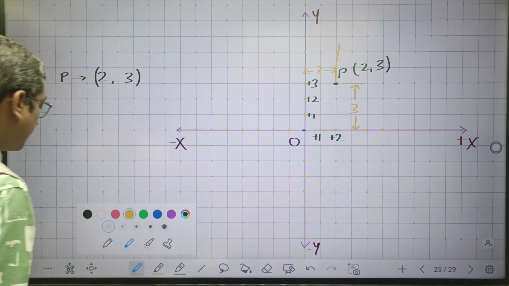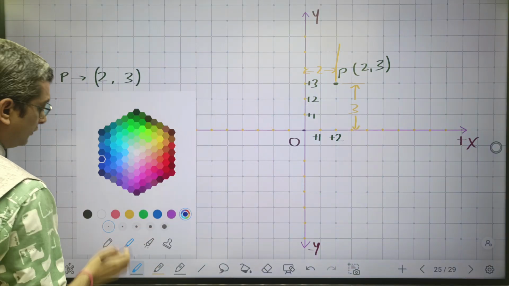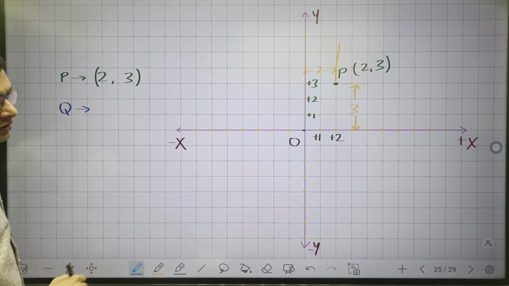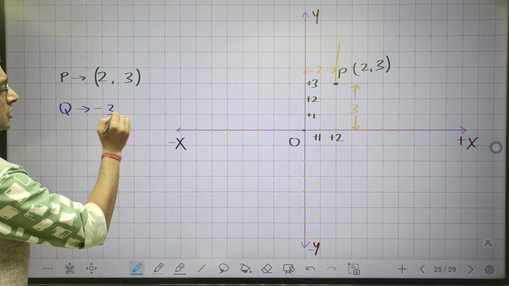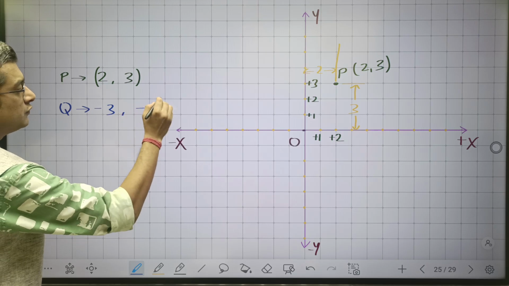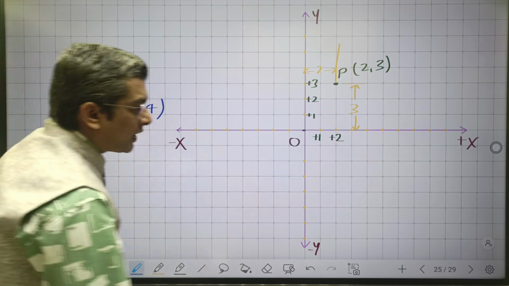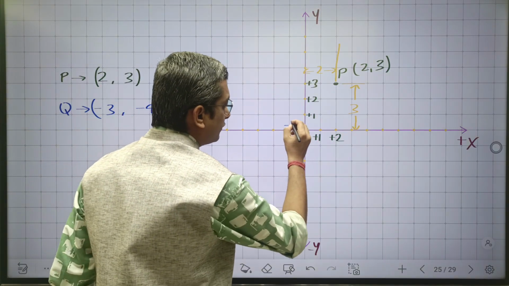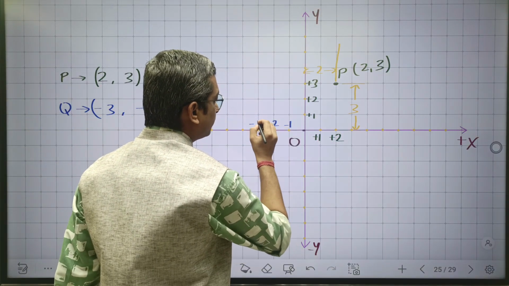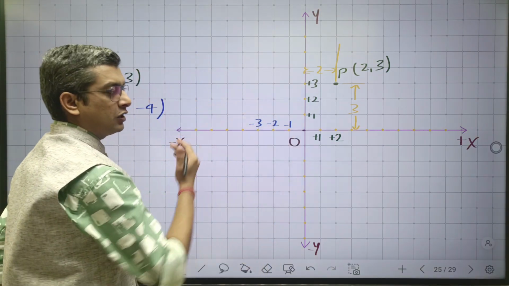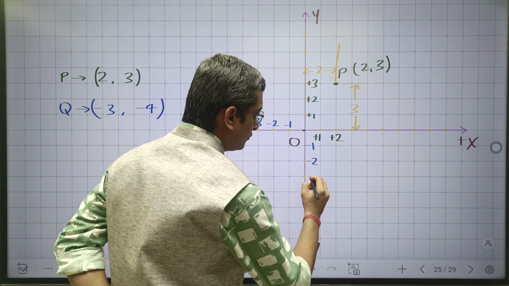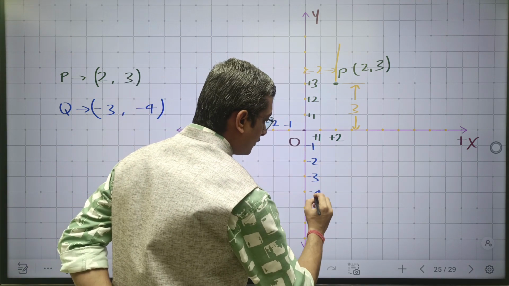Now let us represent another point Q having coordinates minus 3, comma minus 4. So this minus 3 corresponds to the negative x-axis. So this is minus 1, minus 2, and this is minus 3. Along the negative y-axis, here it is minus 1, minus 2, minus 3, minus 4.